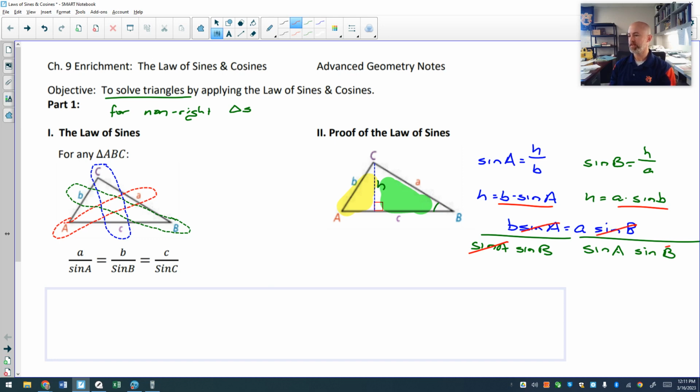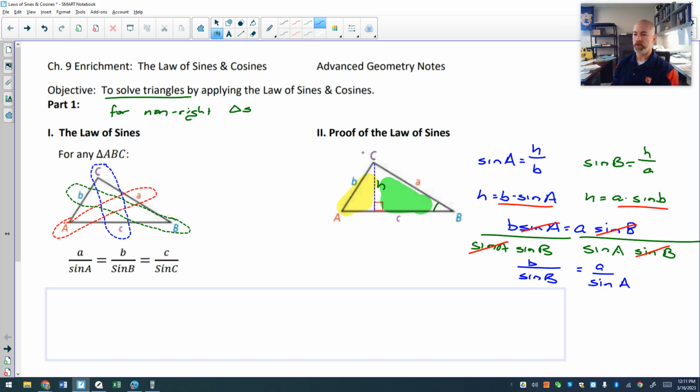On the right side, the sine B's divide out. And what you are left with is b over sine B equals a over the sine of capital A. And that gives you the first two right here. That's a very quick explanation for the first two.